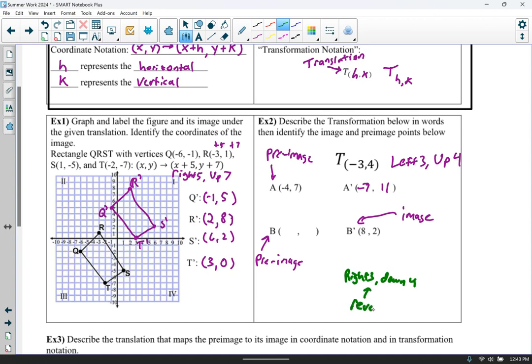So that would be our reverse directions. So using our reverse directions, I would be adding 3 to 8, which would give us 11. Subtracting 4 from 2, which would give me -2, right? And if I look back from pre-image to image, subtract 3, yep, that works. Add 4, yep, that works. We're good.